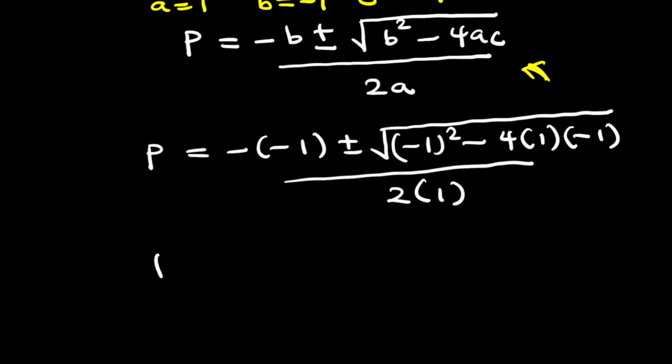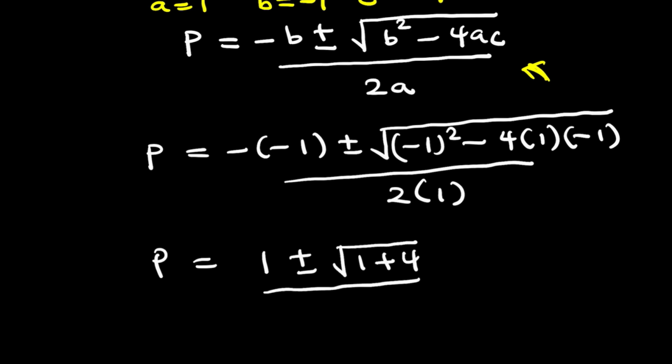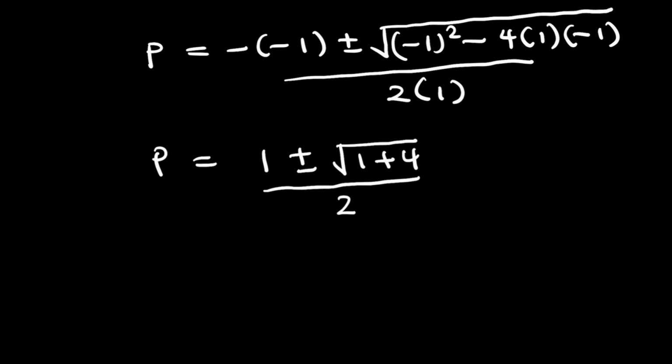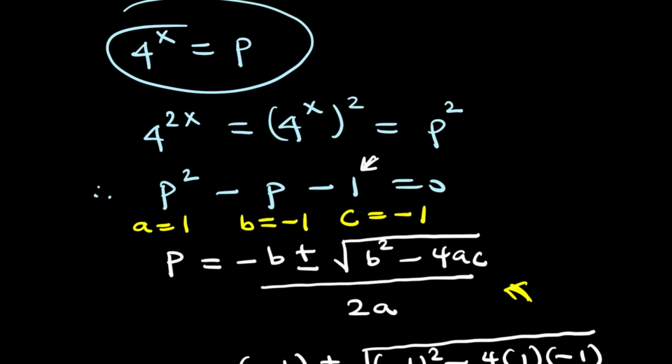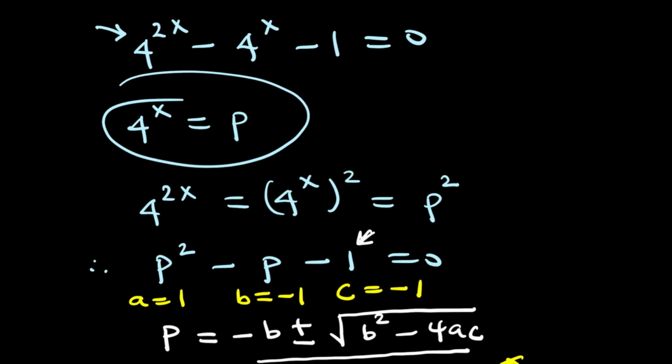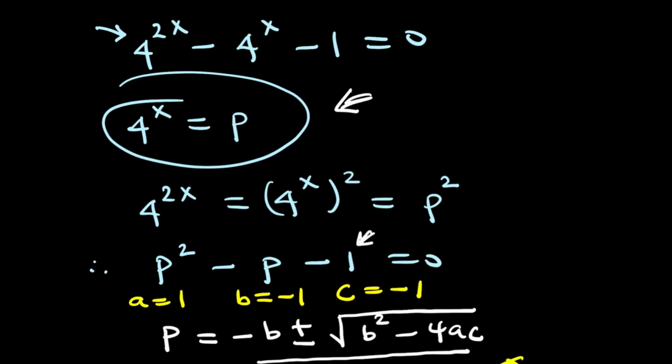Let's tidy this up. p is equal to 1 plus or minus the square root of 1 plus 4, then over 2 times 1, which is 2. So the value for p is 1 plus or minus the square root of 5 over 2. Remember, our substitution says 4 raised to power x is p.